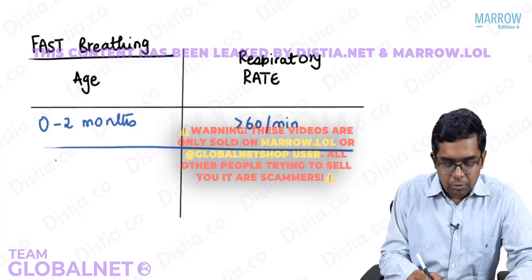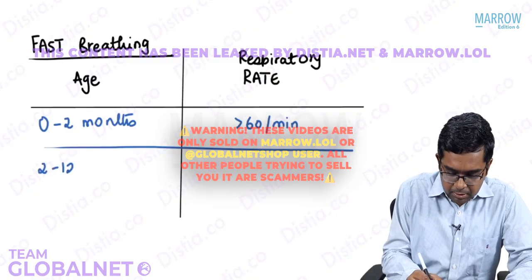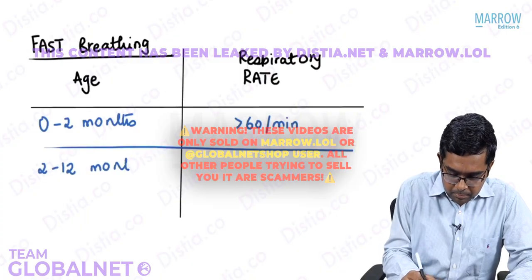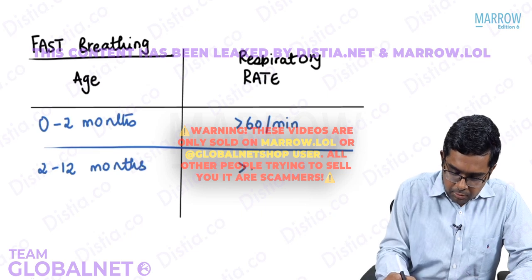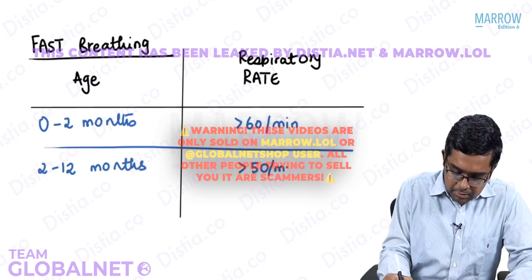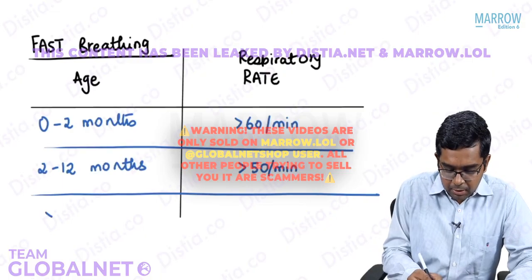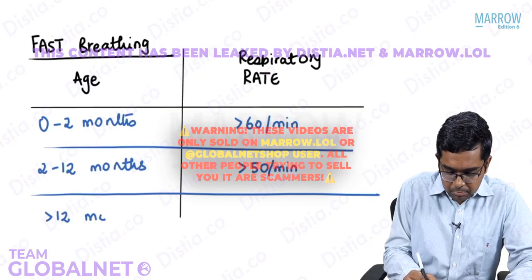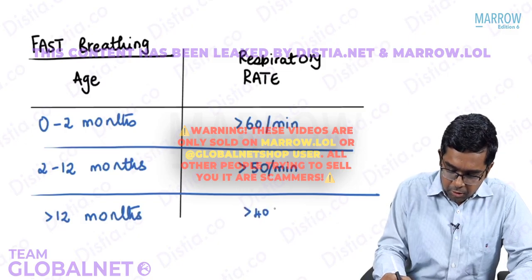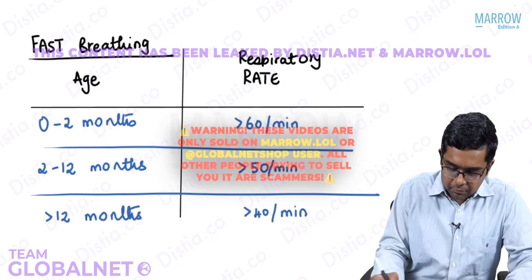If the child is after 2 months but less than 12 months, that is 2 to 12 months, more than 50 per minute is considered fast breathing. If the child is after 12 months of age, then more than 40 per minute is considered fast breathing.